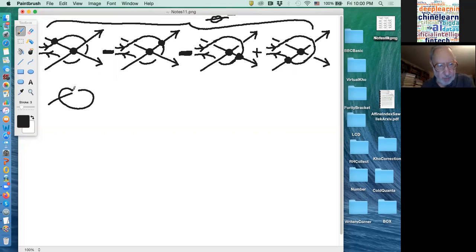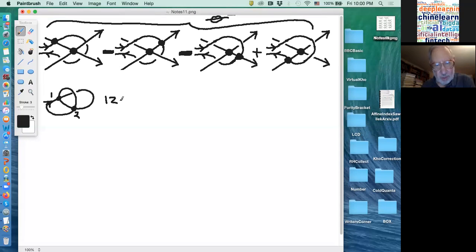Suppose, for example, that I was looking at this, just for the sake of that, right? And I want to describe the graph. So I start here at node 1, and then I get to node 2, and then I get to node 1, and then I get back to node 2. So as far as the graph is concerned, it goes like this: 1, 2, 1, 2.